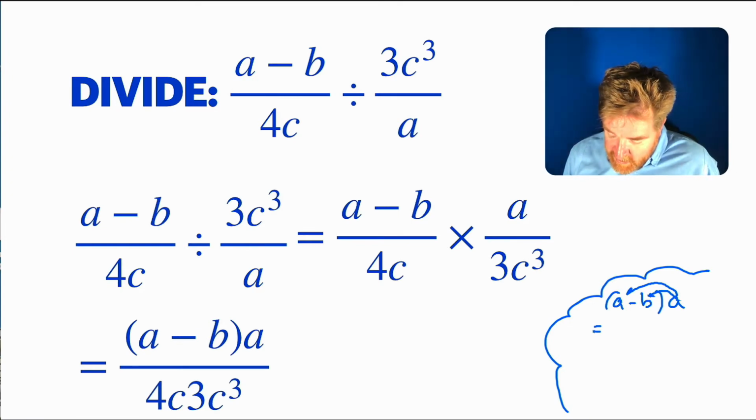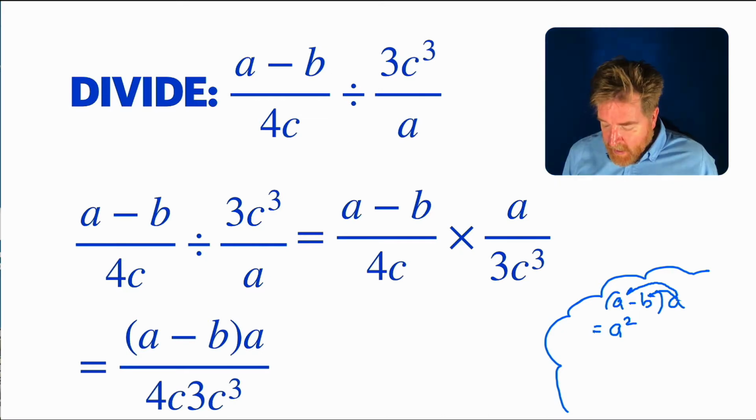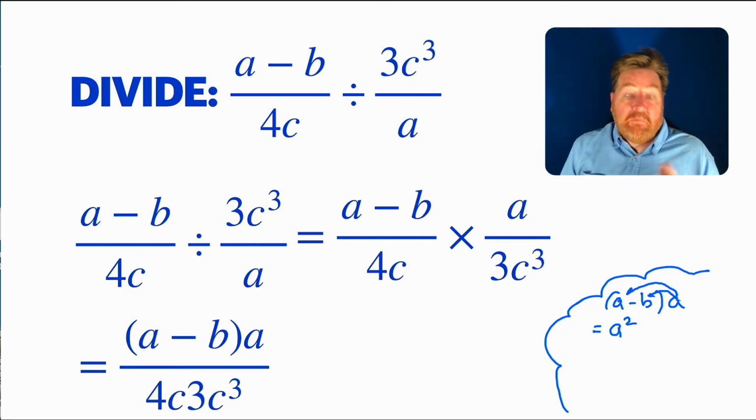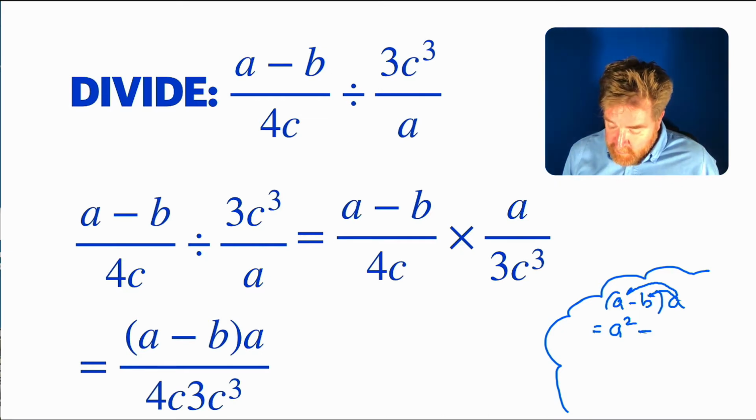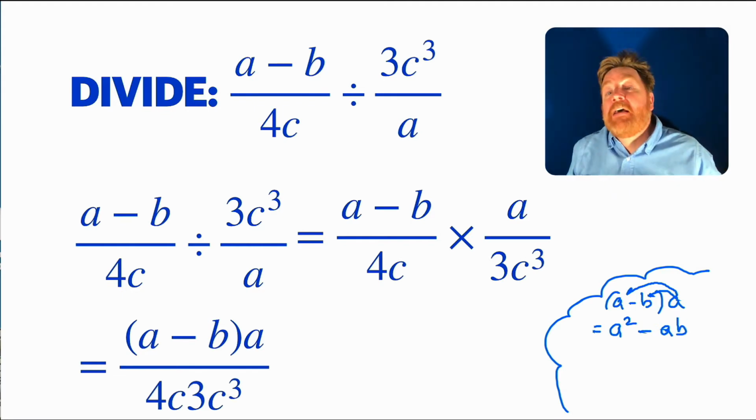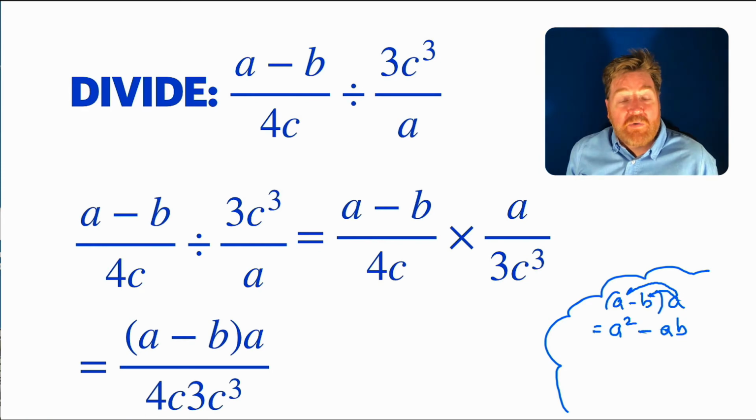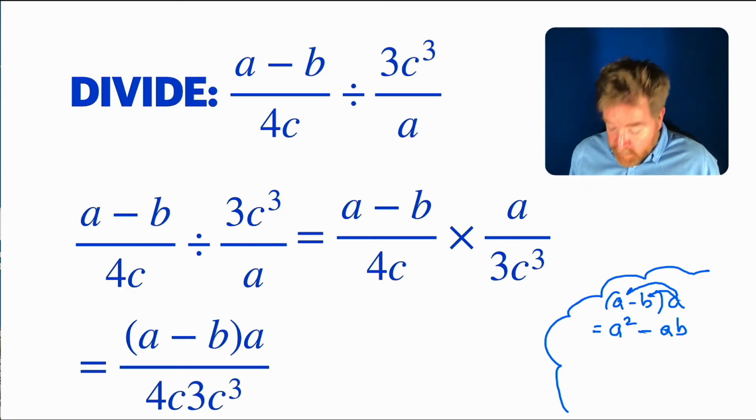So a times a is a squared, and a times b is ab. So minus ab. Right? Positive times that negative b gives us the negative. That's why we get a squared minus ab. All right? And in the bottom, by the way, no big deal. We could just commute the numbers. So it's 4 times 3 times c cubed.